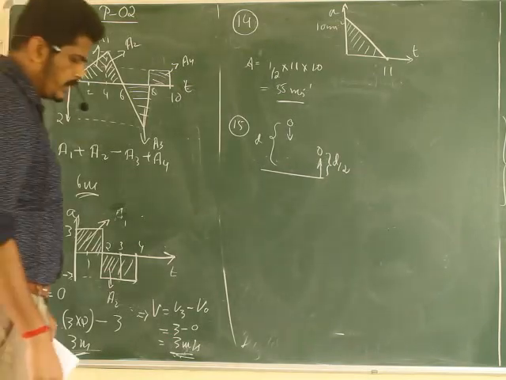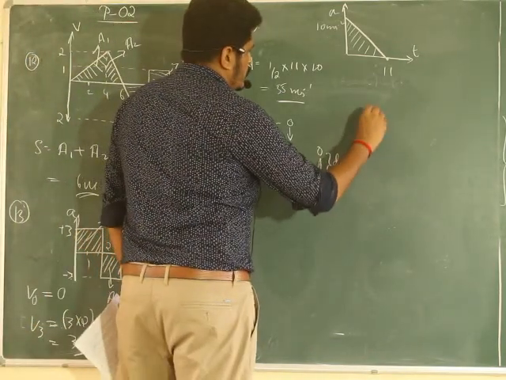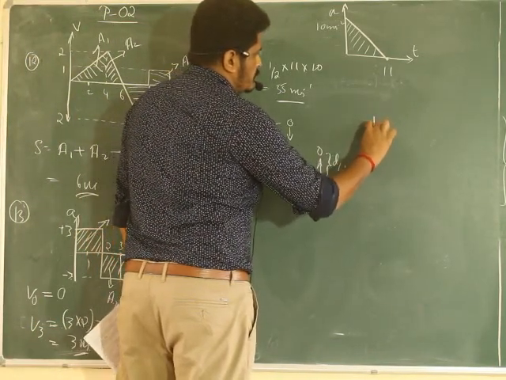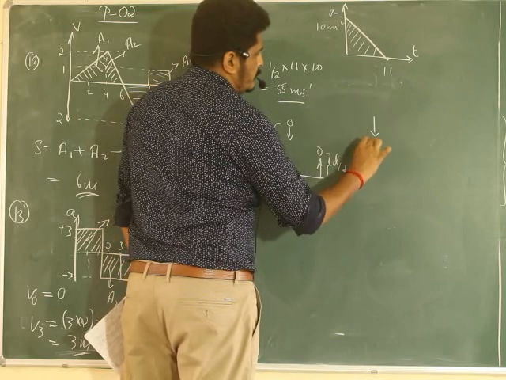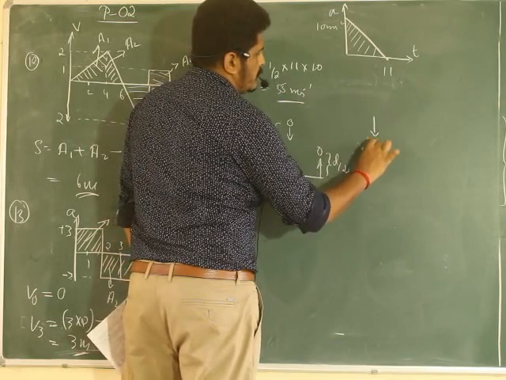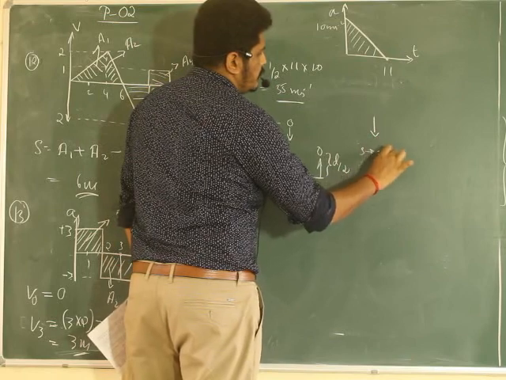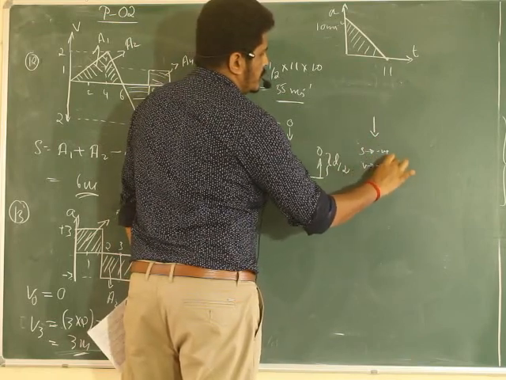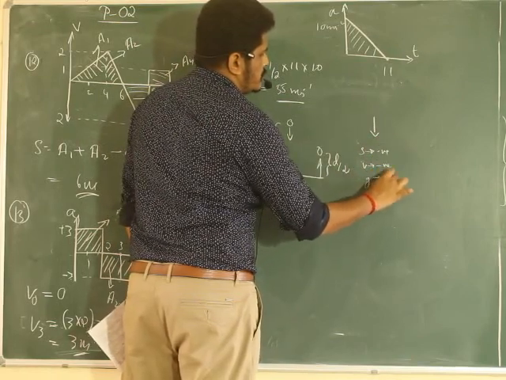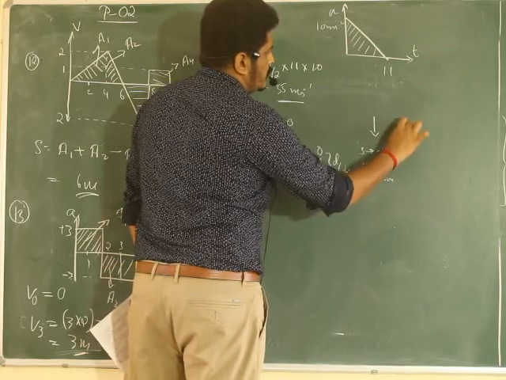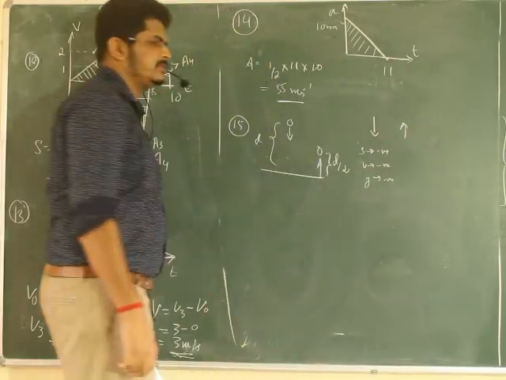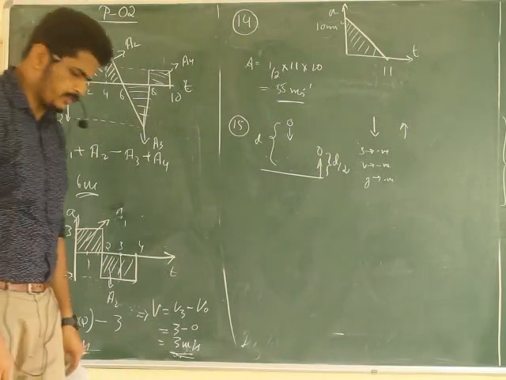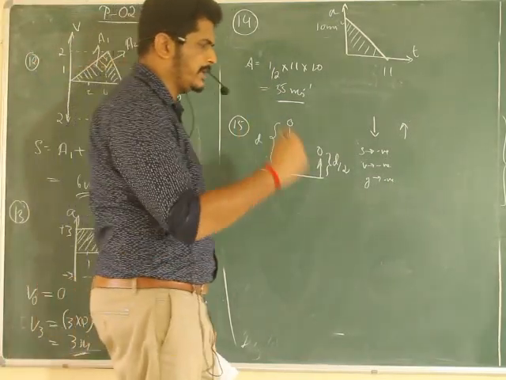Now what we have to observe very carefully here is, when an object comes in a downward direction, displacement is taken negative, velocity is taken negative, g is always negative. When the object is moving in the upward direction, in the Cartesian coordinate system, it will be taken as the positive y axis.